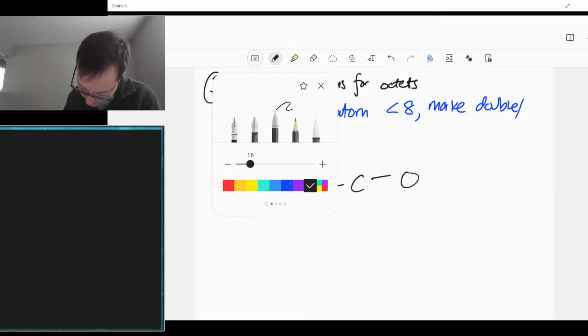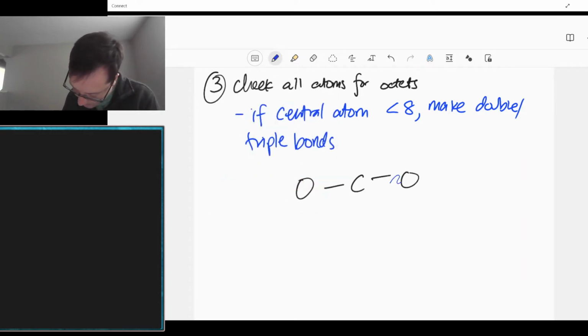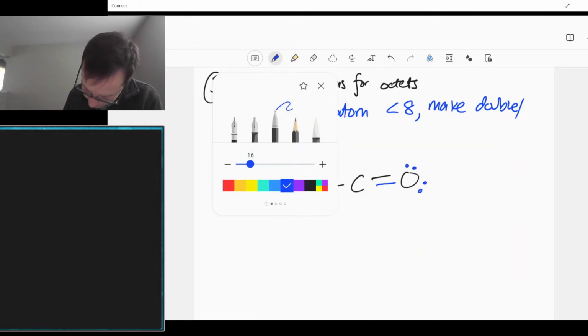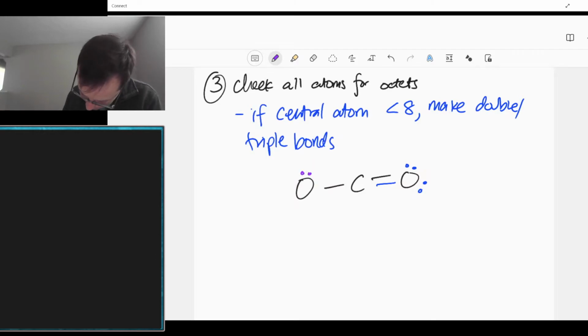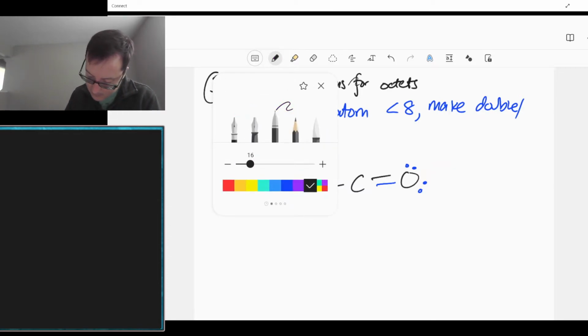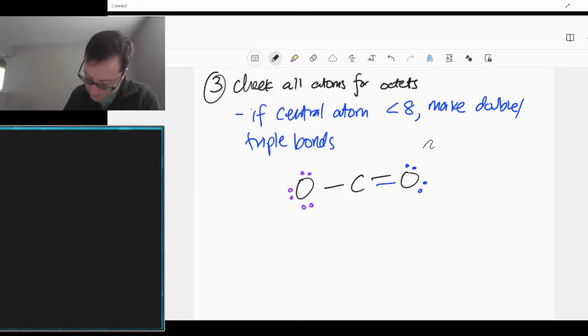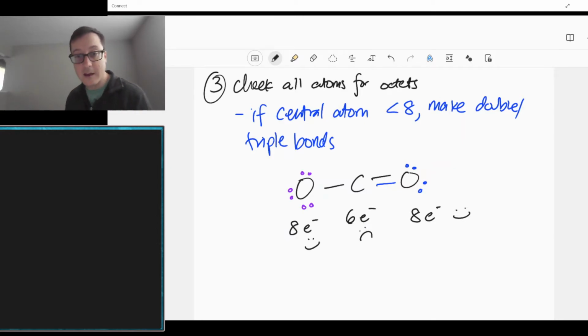Now I'm going to be very careful with my color coding so we can see all these different bits. Well, if we check, we have 8, we have 8, and now we have 6 on the carbon. So still not happy. So we have options here.